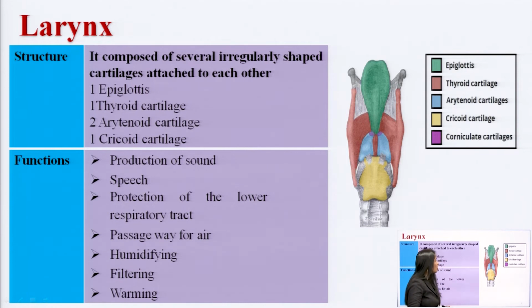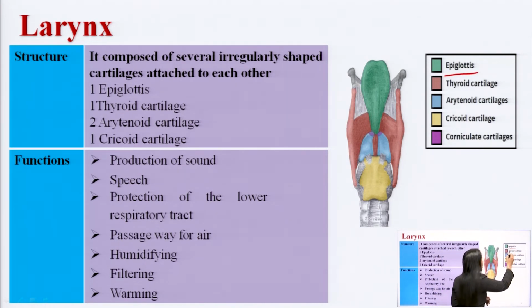If you look at the structure here, you can see the green colour, which is the epiglottis. The diagram represents it in green, and the brown is the thyroid cartilage, the blue is the arytenoid cartilage, and the yellow one is the cricoid cartilage.